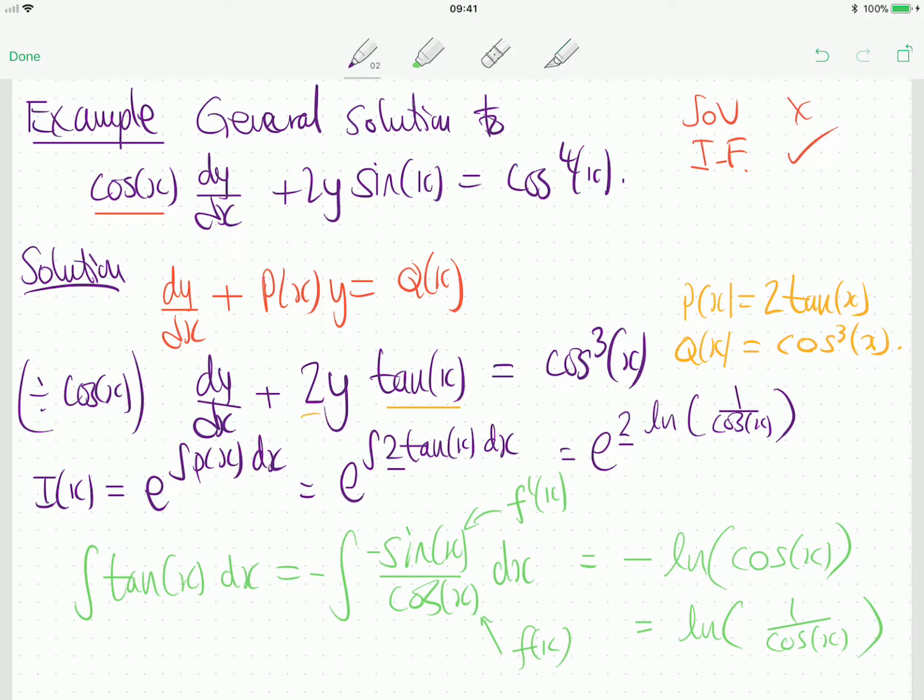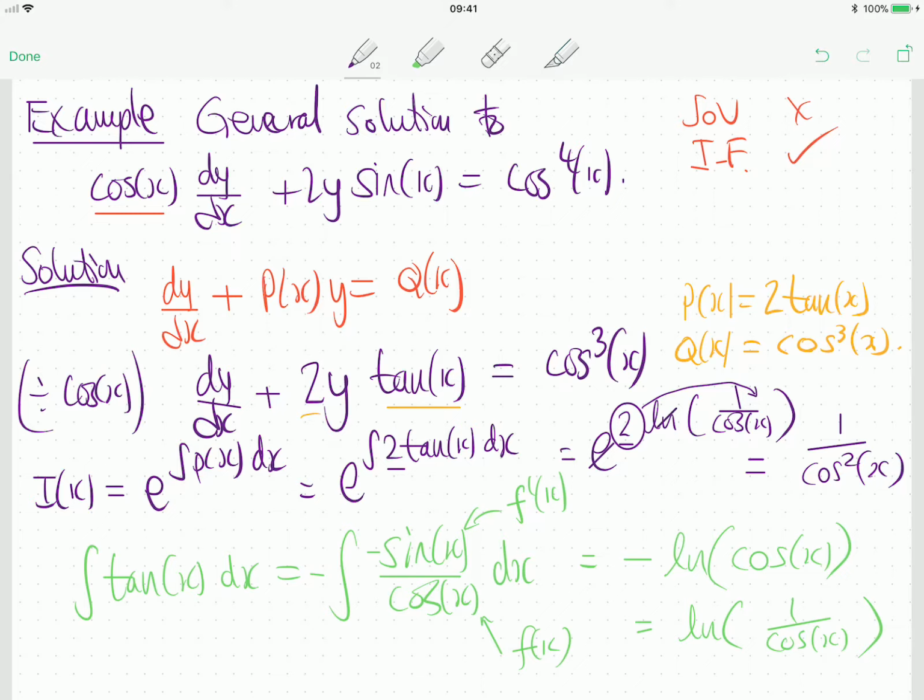I can't quite do that yet because of the 2 in the way. But using the laws of logs, this 2 can come in here as a power. So we square 1 over cos, and then we can cancel off the e and the log. So this is 1 over cos squared x. Okay, so there you go, there's the integrating factor. Quite a bit of work in there for that.